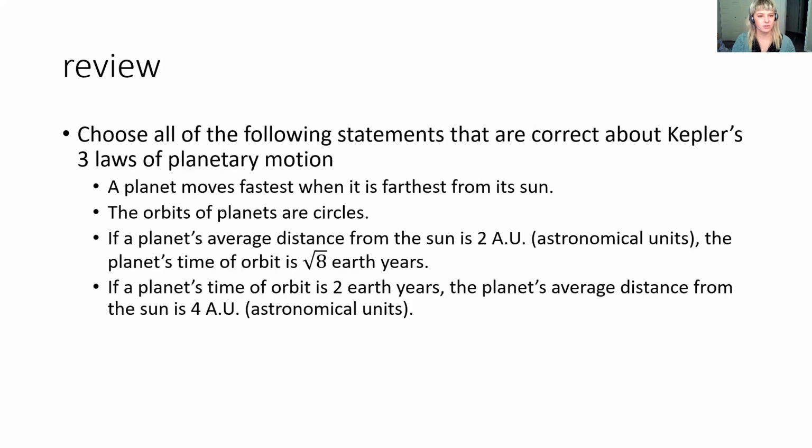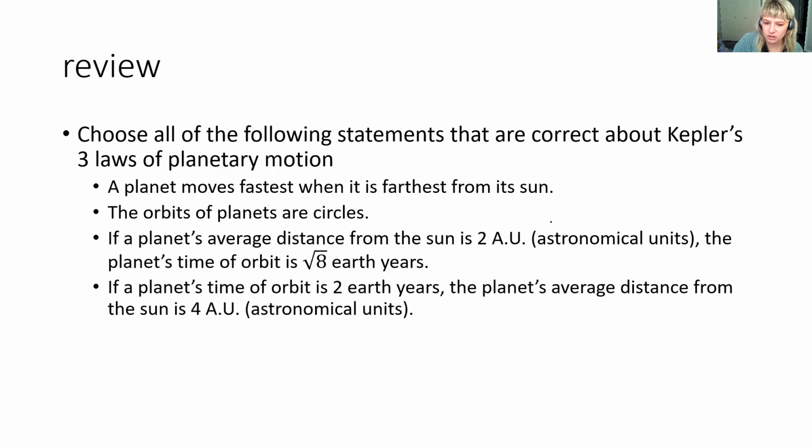Another question for you. Choose all the following statements that are correct about Kepler's laws of planetary motion. A planet moves fastest when it's farthest from the sun. Orbits of planets are circles. If a planet's average distance from the sun is 2 astronomical units.